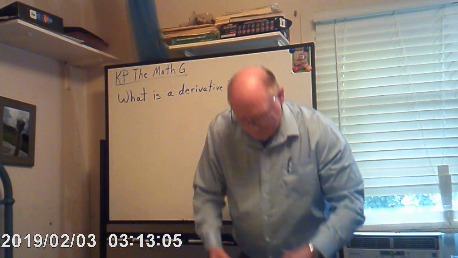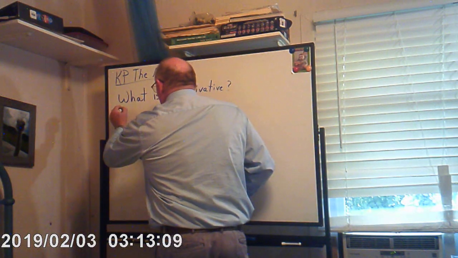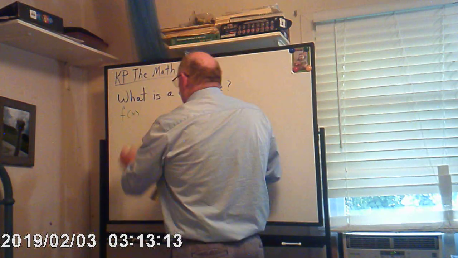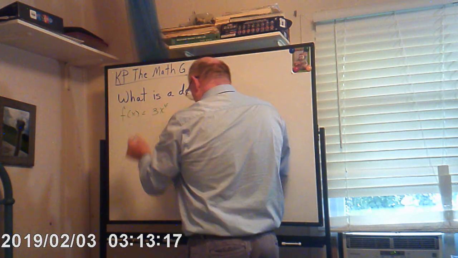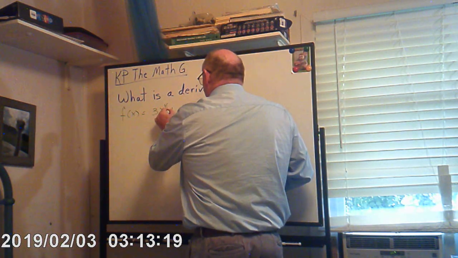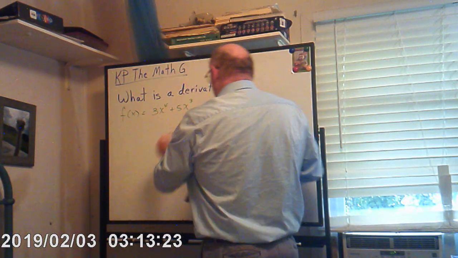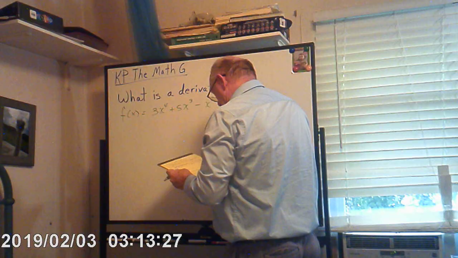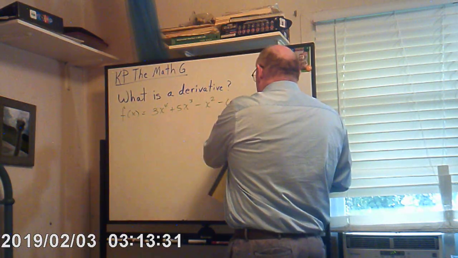Now I want to do a problem. If f, so we're going to do f, is 3x to the 4th plus 5x cubed minus x squared minus 6x plus 8.